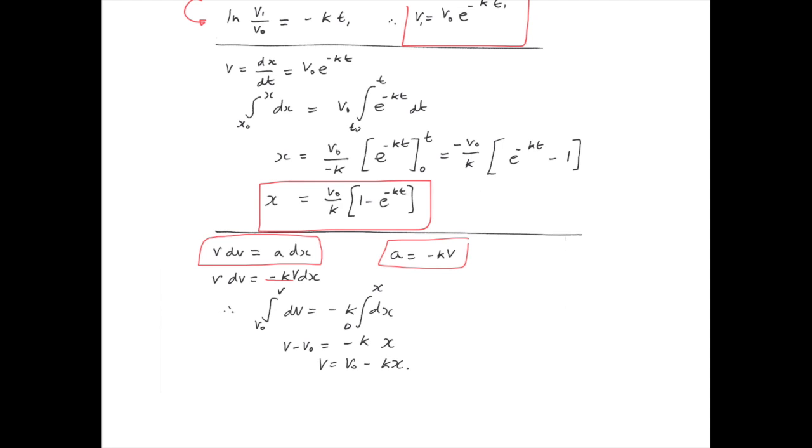So here you divide through by v, so actually you're left with integration of dv and integration of dx, so it's just v minus v naught and x minus x naught on this side, and the final expression is v naught minus kx.